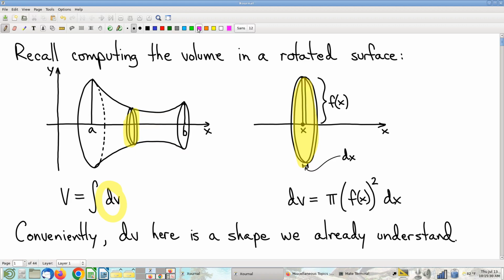The volume in that slice is, I just need to know the area of this cross section. Well, that cross section's a disk. A disk has an easy formula, pi r squared, and it's not hard to argue that r is the value of the function. Again, this is all Calc 2 rehash.